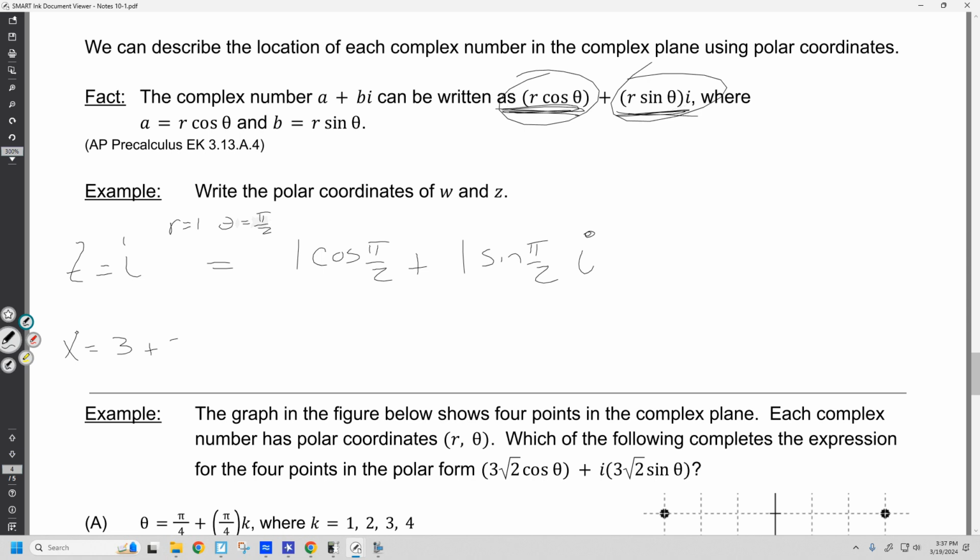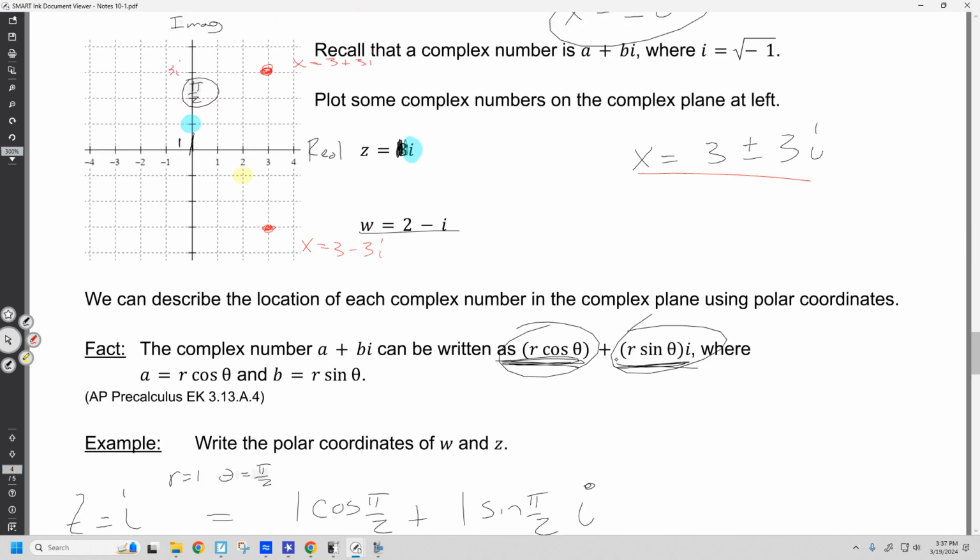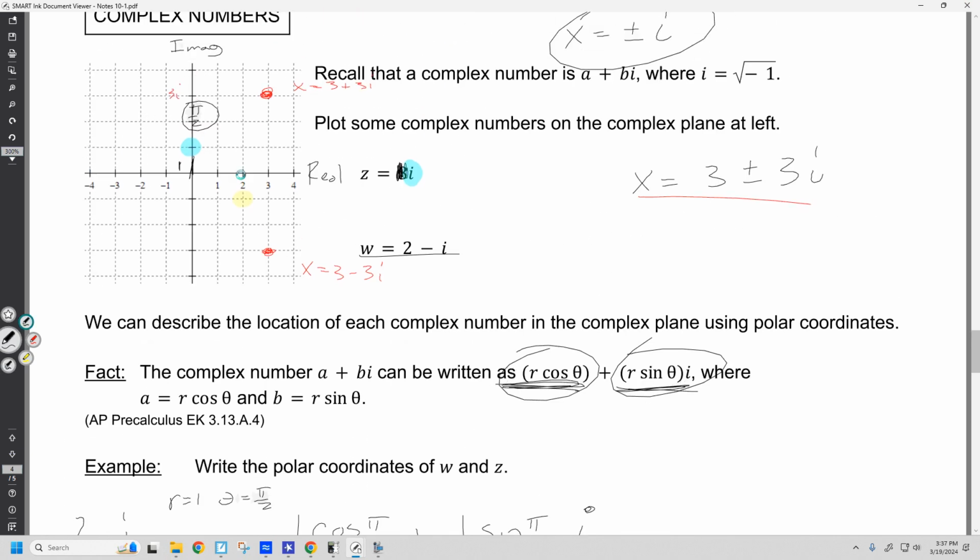All right. We have 3 plus 3i. Well, I know that this is at an angle of pi over 4. If this is 3 and this is 3i, I know the radius is 3 root 2.